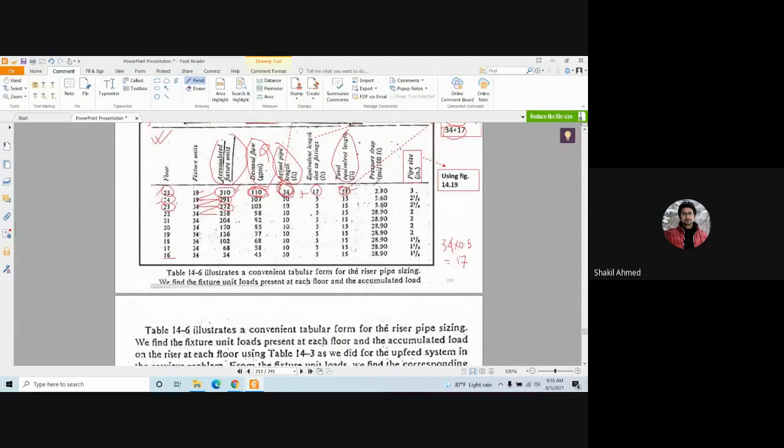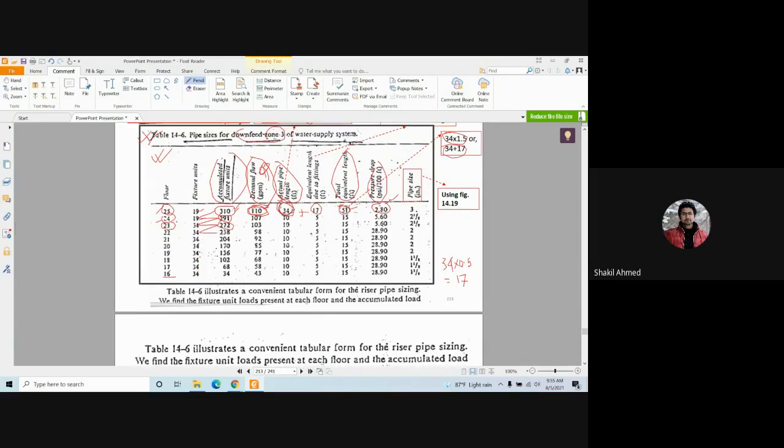So approximately this is 2.8. Pressure drop psi per 100 feet, 2.8. So now you know everything. You know Q and you know pressure drop psi per 100 feet. So 110 and 2.8. Let's go back to the figure.